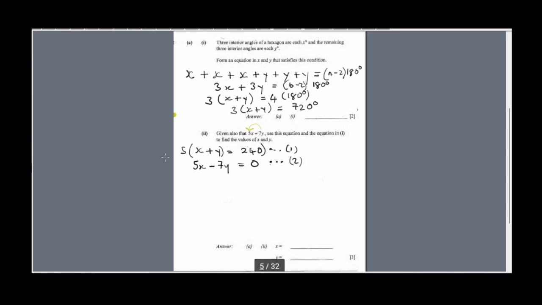So to multiply everything with 5 in our first equation, how do we do so? Remember 5 times x is 5x, plus 5 times y is 5y, is equal to, what is 240 times 5? So let us treat this part as our rough paper.